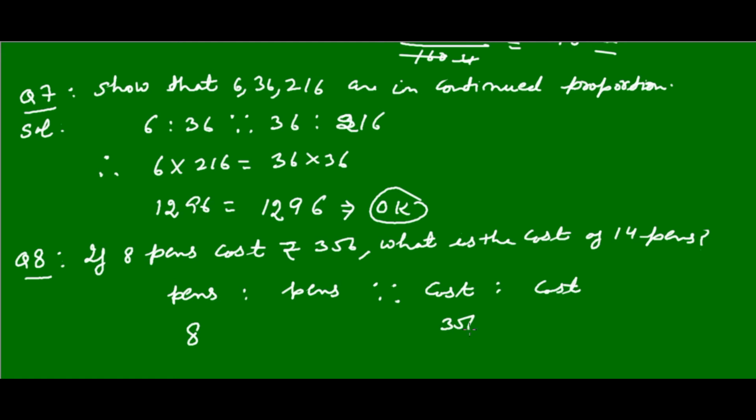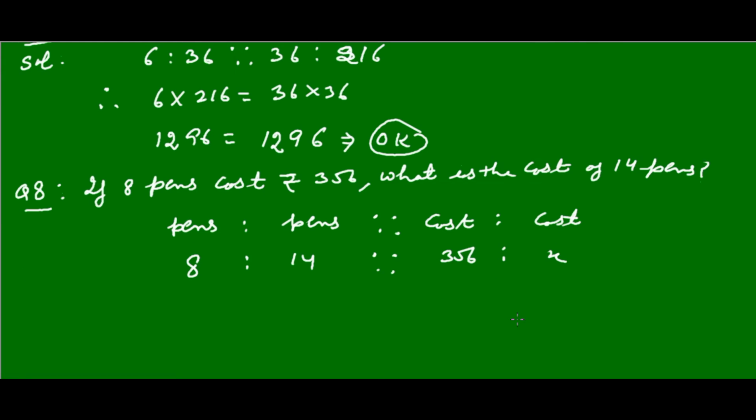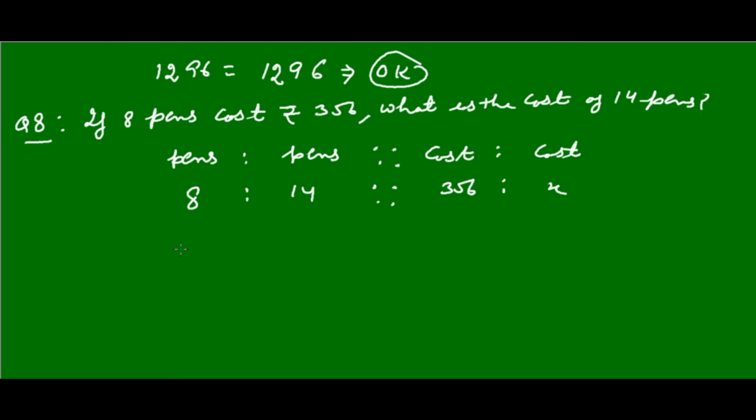So here 8 pens cost 356, ratio 14 pens, they have to be in proportion. For the cost, we assume that the cost of 14 pens is x. So again, product of extremes, therefore 8 multiplied by x equals 356 multiplied by 14.